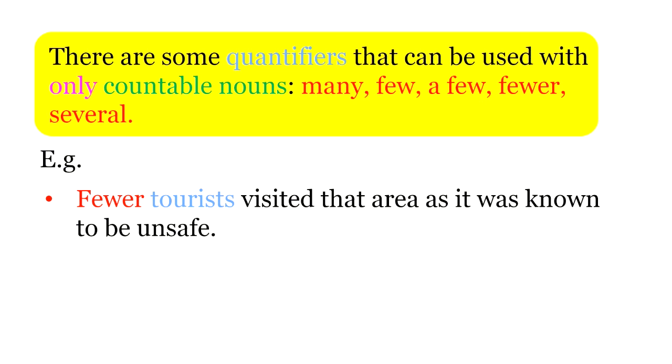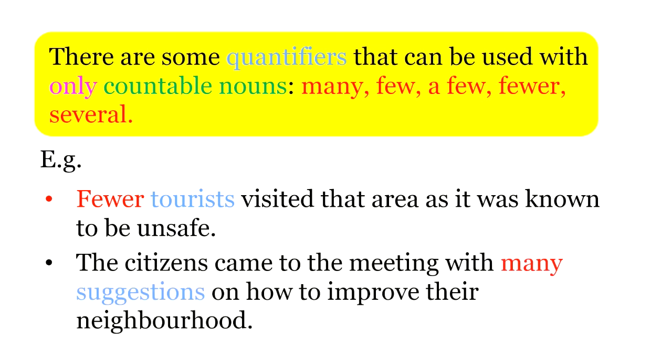Fewer tourists visited that area as it was known to be unsafe. Here, tourists is countable noun. The citizens came to the meeting with many suggestions on how to improve their neighborhood. Here, suggestions is countable noun.